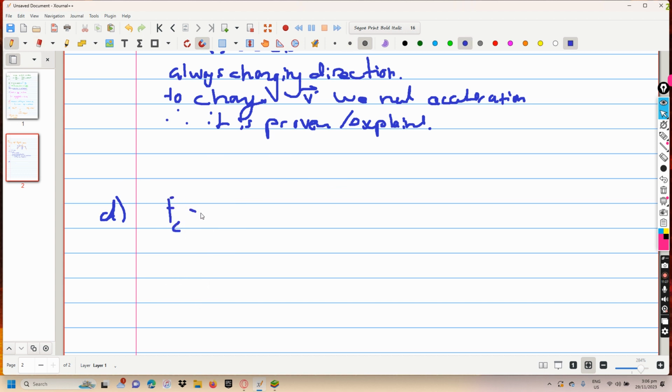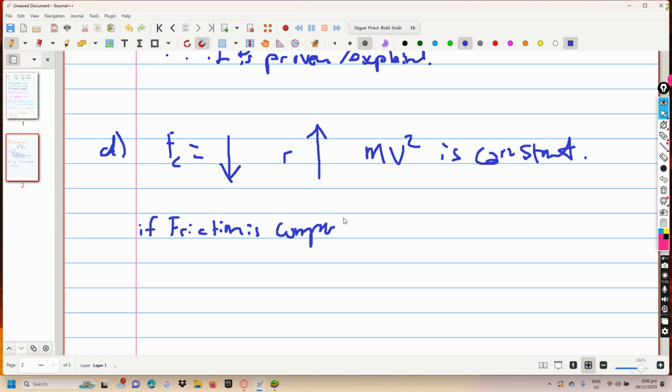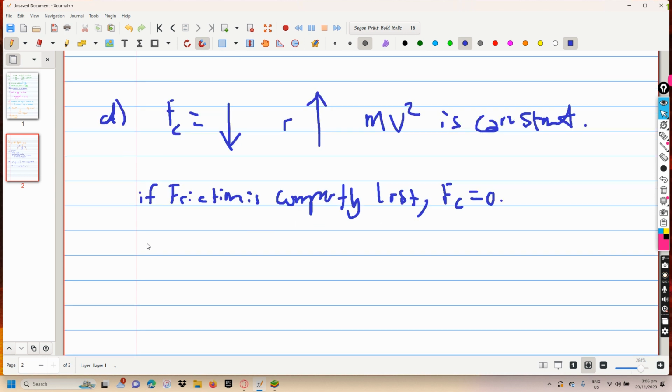So this means that the centripetal force is lowered, the radius of their path is increased, mv squared is constant, and if friction is completely lost, Fc equals 0, and they move tangential to the circle.